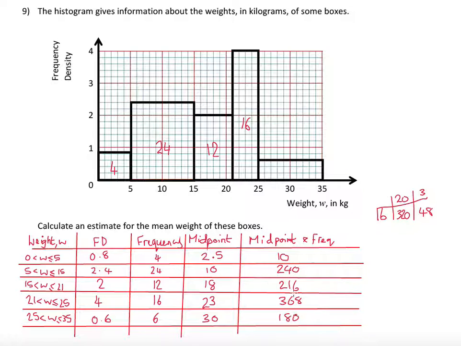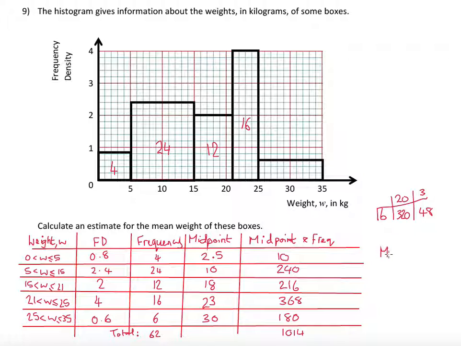Okay, now we need to work out the total of this column and divide by the total of the frequency. Well, I can find the total of that first. So we've got 28, 40, 56, 62. And the total of this column, I'm going to cheat because I worked it out earlier, it's 1014 I believe.